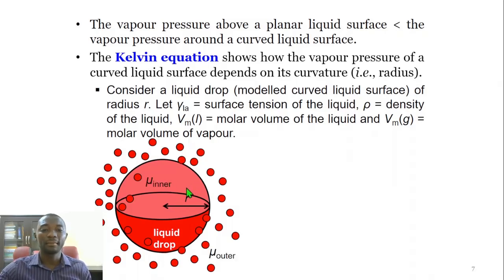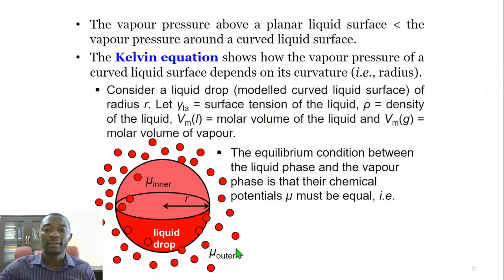So, to be in equilibrium, the chemical potential of the inner part of the drop has to equal the chemical potential of the outer part of the drop. That is to say, the inner chemical potential has to equal the outer chemical potential.